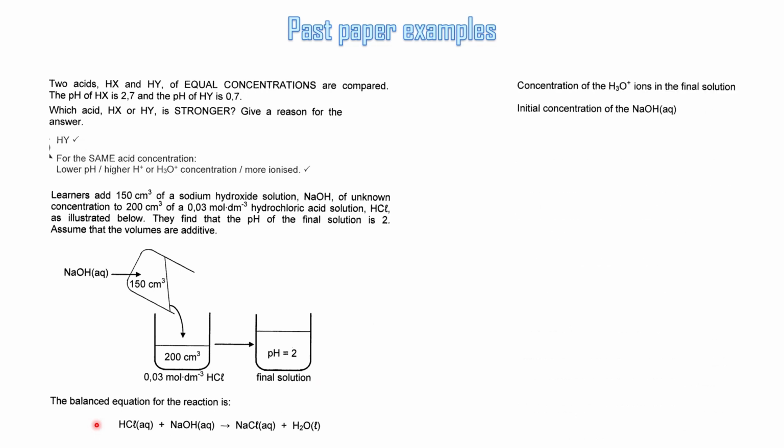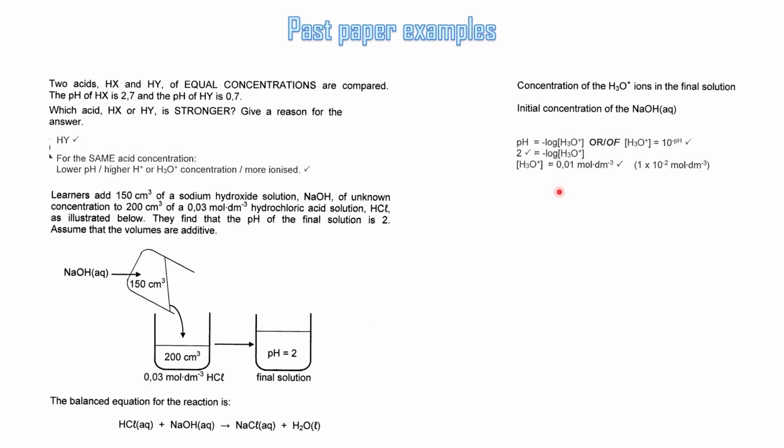Right. First question. What is the concentration of the H3O plus ions in the final solution? So you have the pH, you just need to work out the concentration. The formula is 10 to the negative pH. So 10 to the negative pH, 2, which will give you 1 times 10 to the negative 2 mole per decimeter cubed, or 0,01.